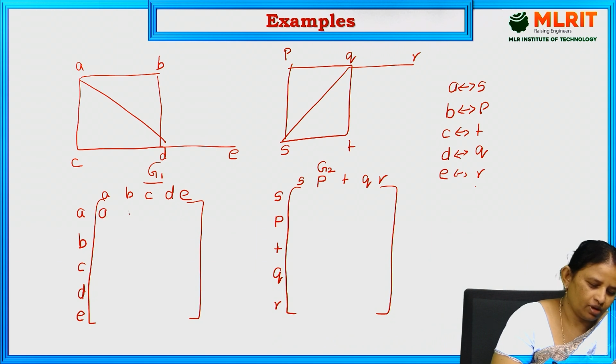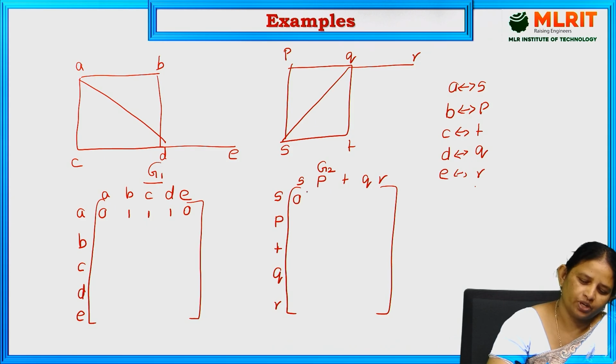A to B, 1. A to C, 1. A to D, 1. A to E, 0. So S to S, 0. S to P, 1. S to T, 1. S to Q, 1. S to R, 0.